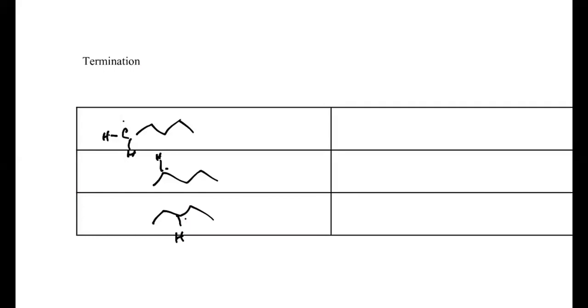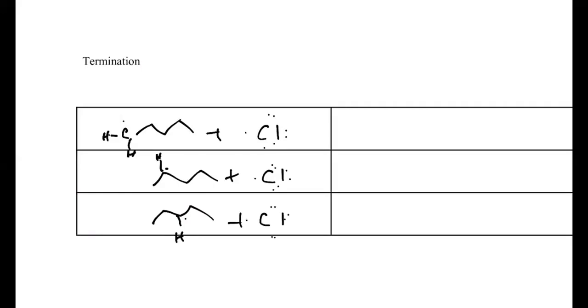All right. Yes, no? Yes. And then we're going to combine each one of these with a chlorine. Each one of those is going to be combined with a chlorine radical.